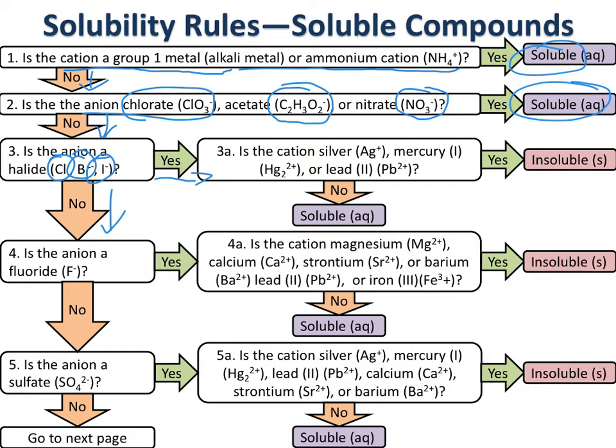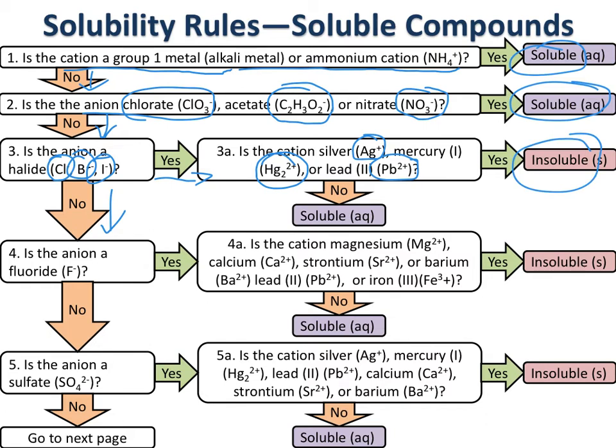Question 3A. Is the cation silver, Ag+, mercury 1, Hg2 2+, or lead 2, Pb2+? If the answer is yes, then the compound is insoluble.